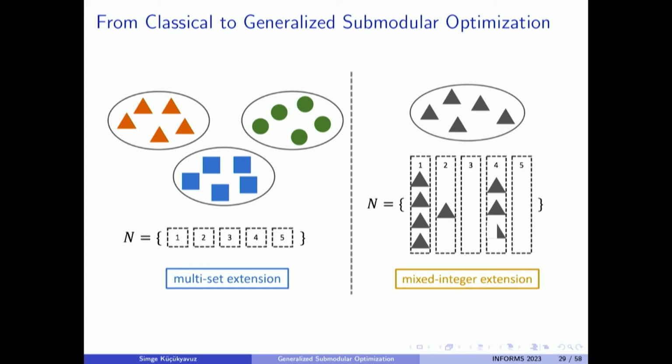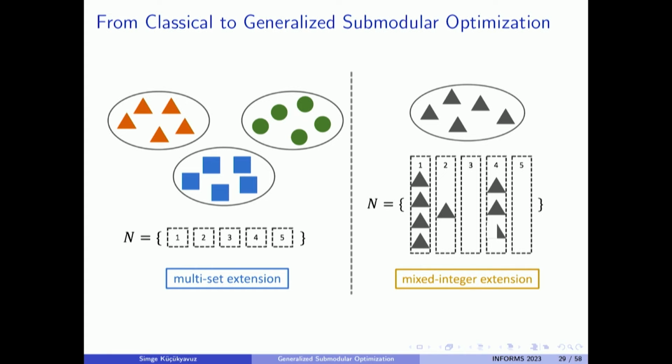Or you could think of installing multiple copies of the same sensor type, and that would be the general integer extension. These are relatively new. They have been looked at in approximation algorithms or continuous optimization settings, but they have not been looked at in the mixed integer programming viewpoint that I've been following even for the classical submodular optimization, which has been beneficial. These are the two extensions we talked about in our tutorial paper.